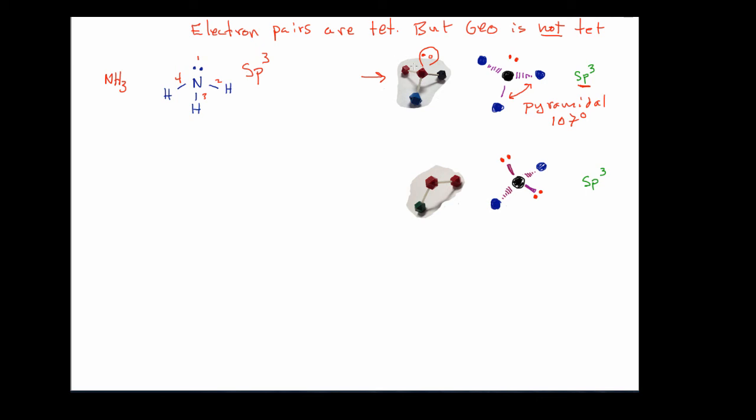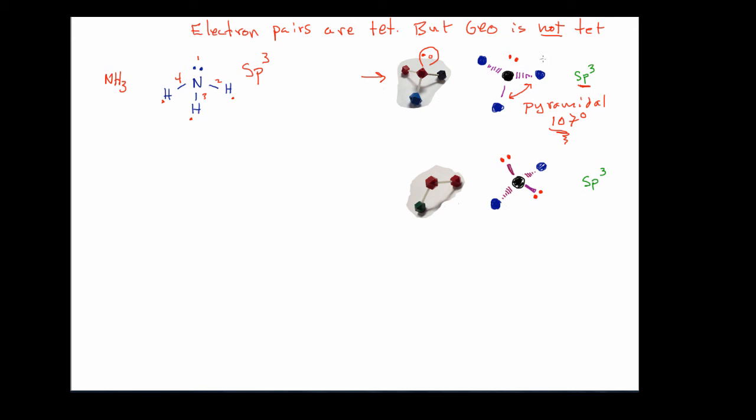It has the effect of compressing these bond angles down, which is the reason why the bond angle is not 109. Because remember, the electron pairs in this molecule are arranged tetrahedrally, but the geometry is based on the atoms that are attached to the central atom.